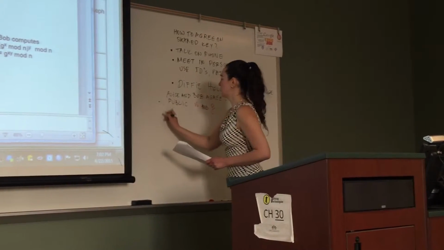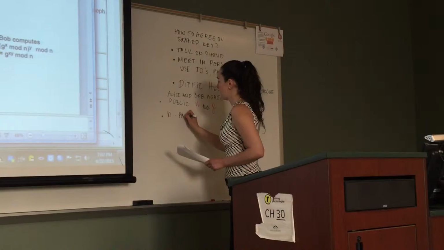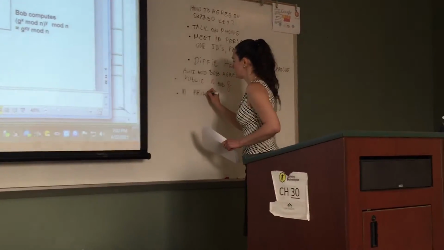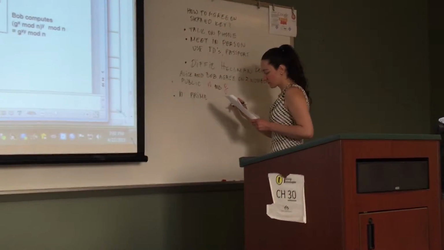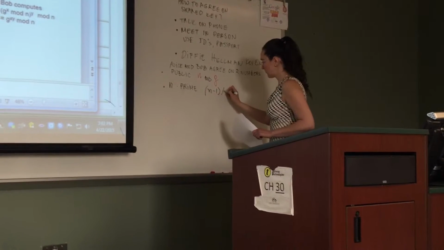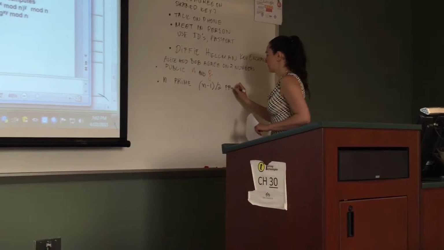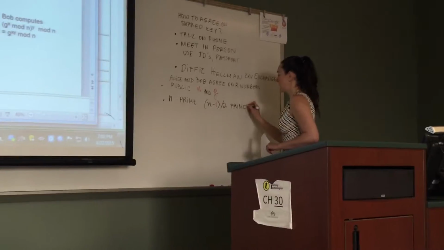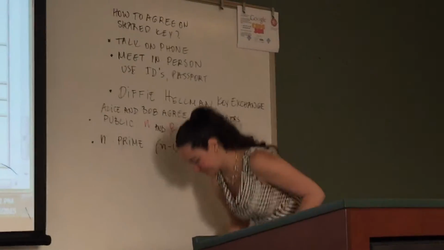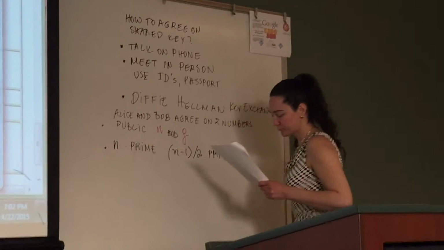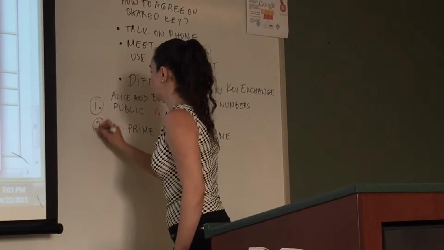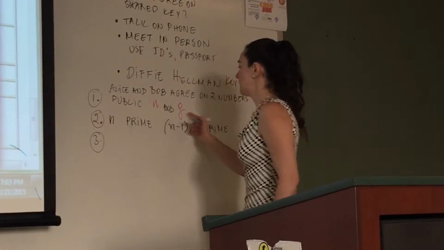From these two numbers, N is a prime number. Another property is that to make this work mathematically, (N minus 1) divided by 2 also has to be prime. So that's the first thing. We need these two numbers.